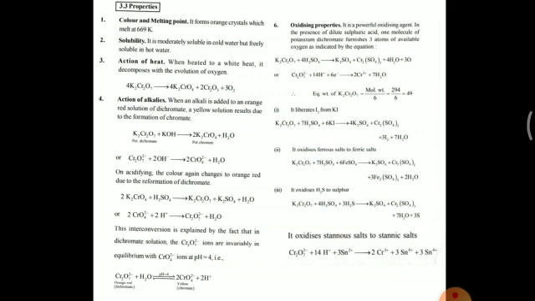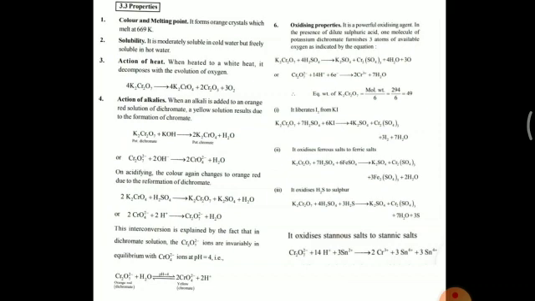When alkali is added to potassium dichromate, potassium chromate is formed. On adding acid to potassium chromate, again potassium dichromate will be formed. That means dichromate and chromate are interconvertible by changing the pH.